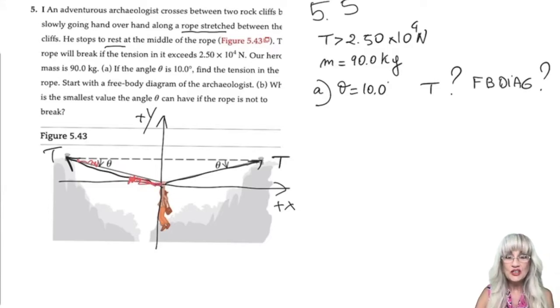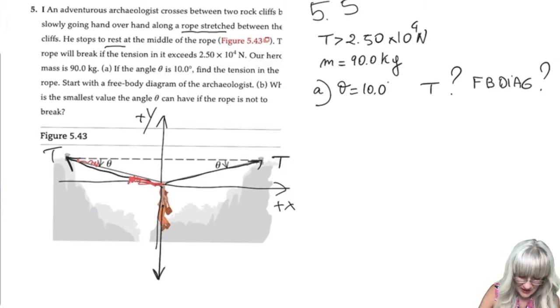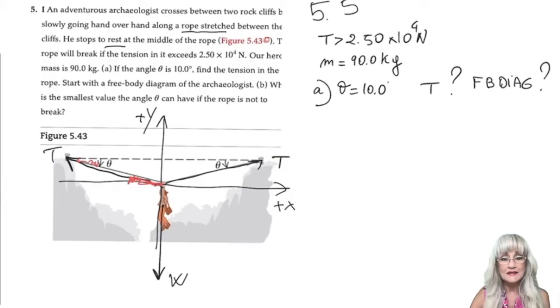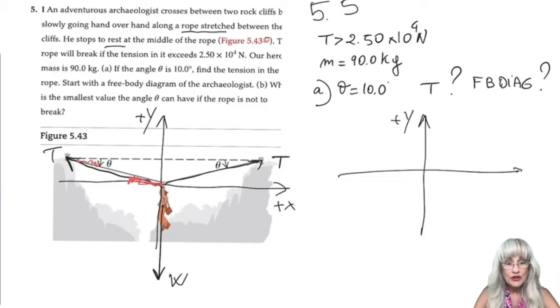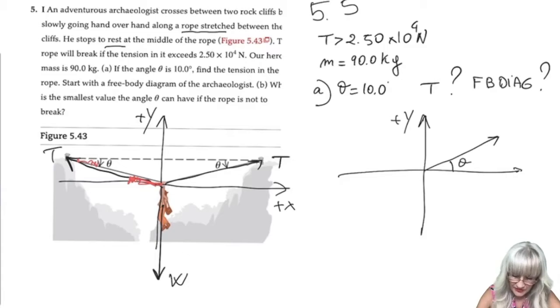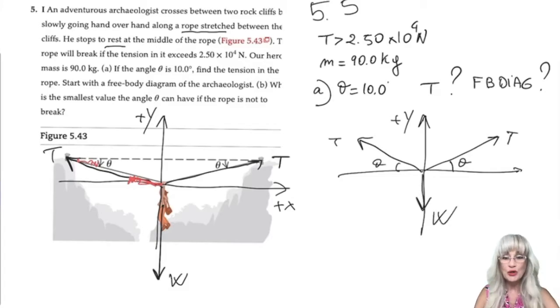I also know there is a weight right at the center, pointing down toward the center of our planet. So these are the three forces I want you to visualize in the free body diagram. So I'm going to say tension here with an angle theta, the other tension here with an angle theta, and this is the weight, W for weight.